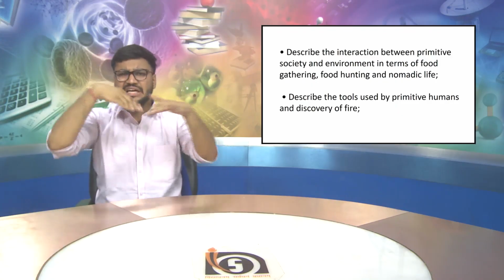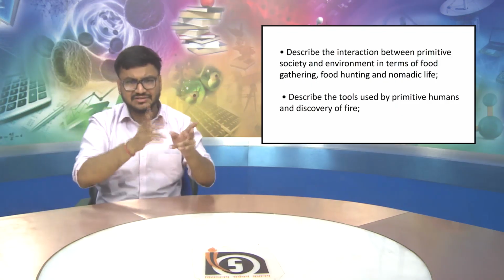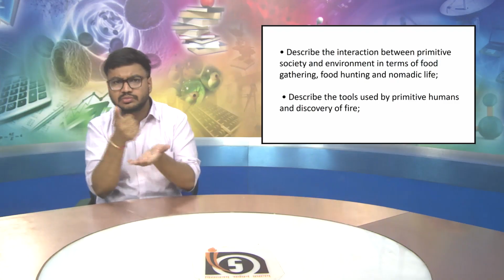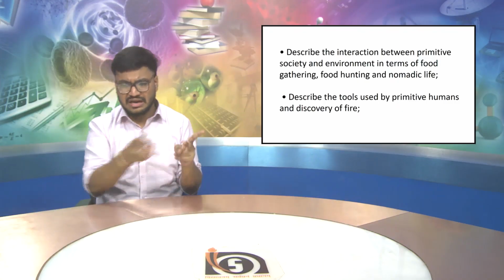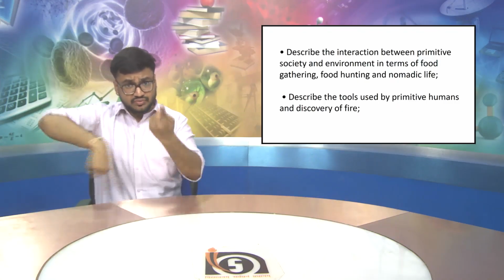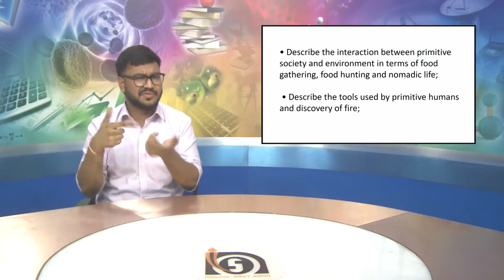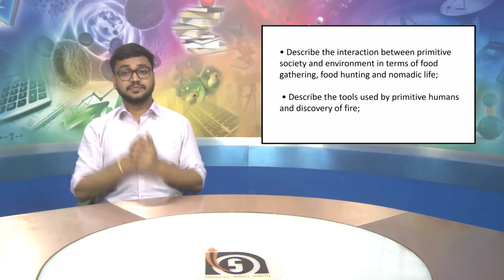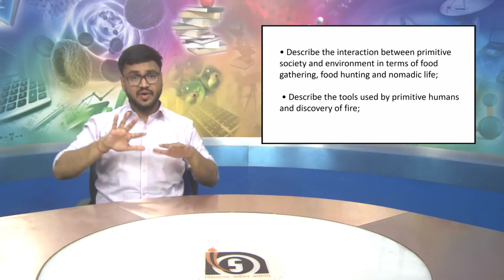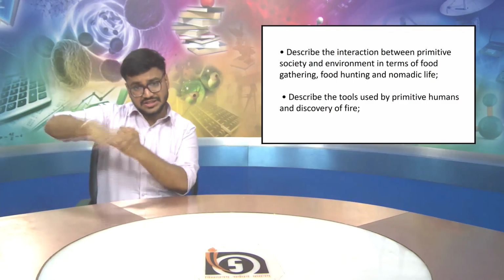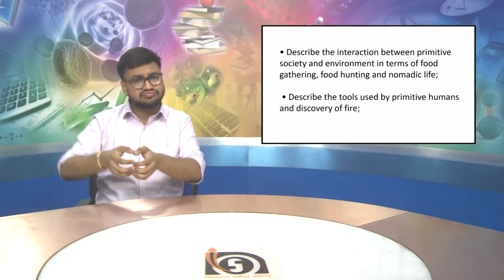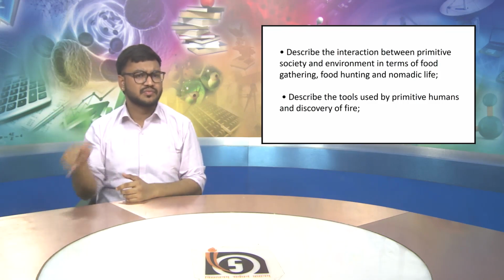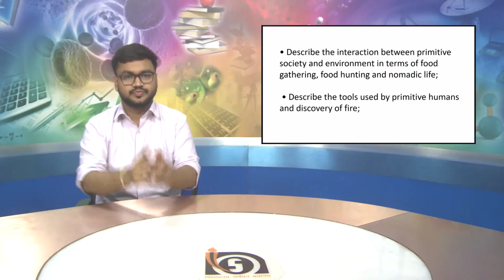They can describe the interaction between primitive society and environment in terms of food gathering, food hunting and nomadic life. And also can describe the tools used by primitive humans and the discovery of fire.